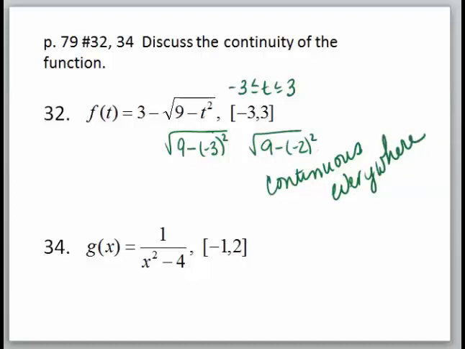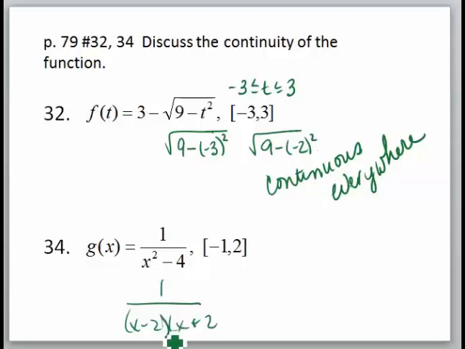Number 34 here, I'm going to discuss continuity from negative 1 to 2. Now if you look at negative 1, that's going to work out just fine and give you a nice whole number. What you really want to look at is, if you factor this, what will give you 0 on the bottom of the fraction?